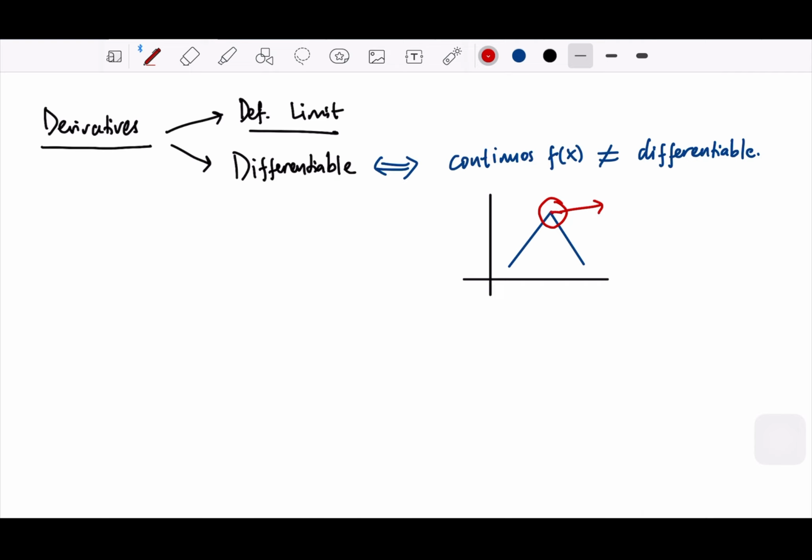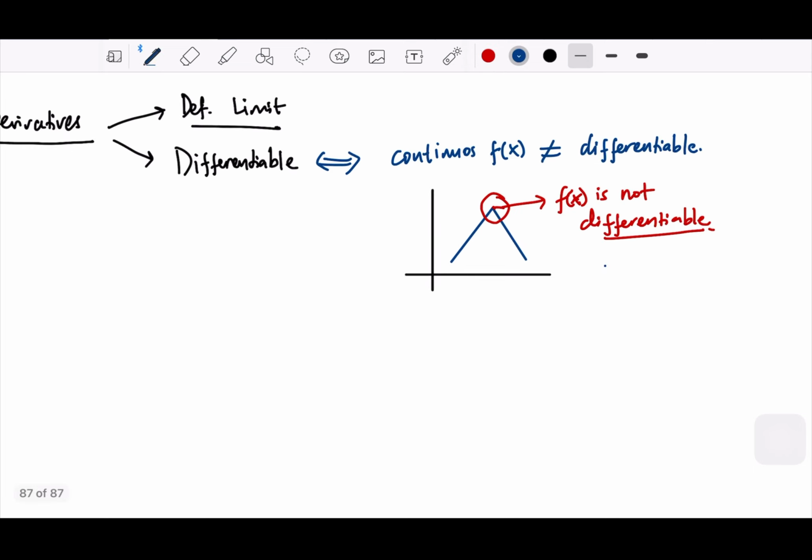At this tip, we cannot differentiate. f of x is not differentiable. And how to prove this is we are going to use the limit again.